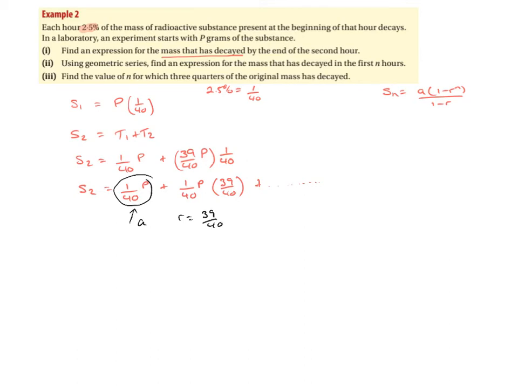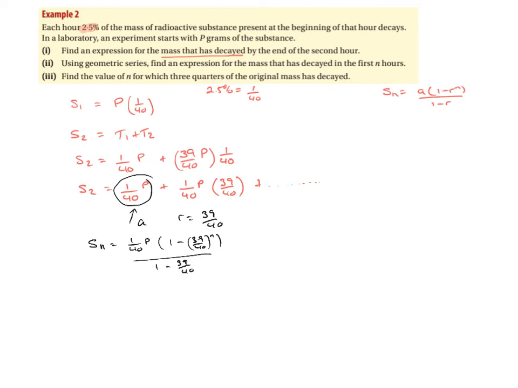What we're going to do then is stick it into the formula like before. So we now have S of n is equal to A, which is 1 over 40P, times 1 minus R, which is 39 over 40 to the power of n. Don't forget to stick that in the bracket, guys. All over 1 minus R, which is 1 minus 39 over 40.